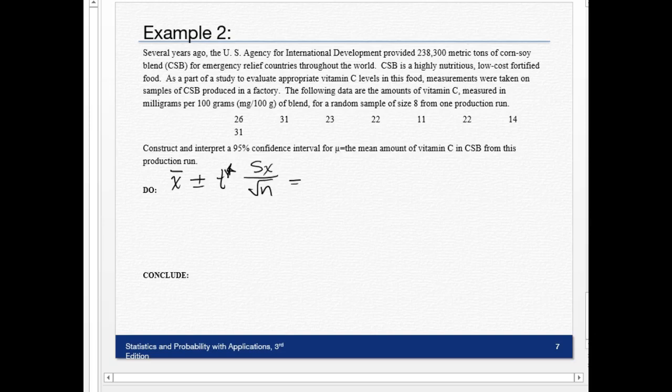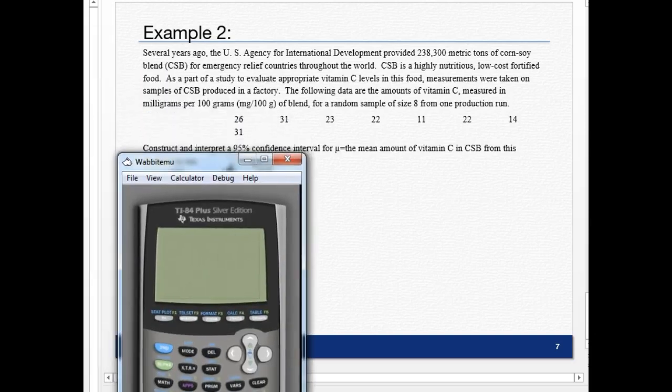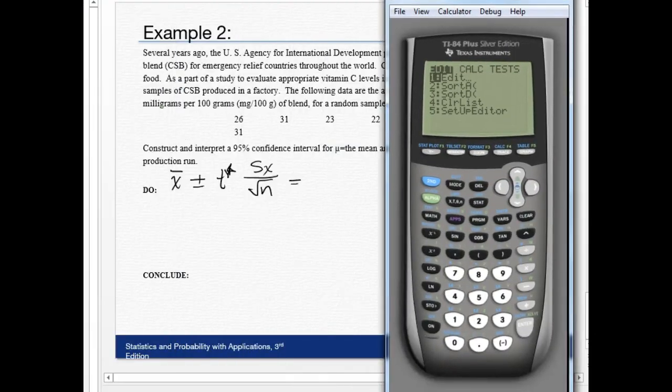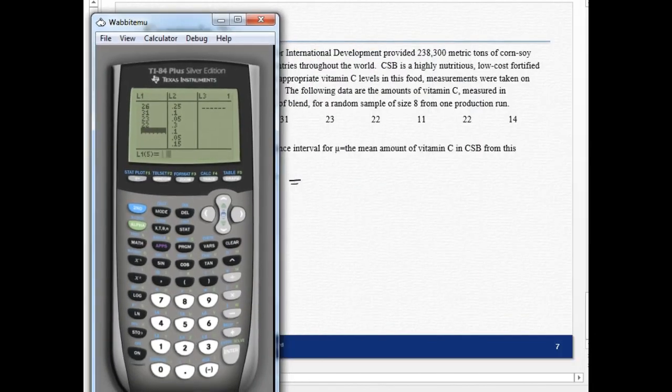So we're going to pull up our calculator, and if you remember, you're going to go to stat, edit, and if there's something in list 1, go up and clear it out and enter this data. So we get 26. All right, so that data is nicely in there.